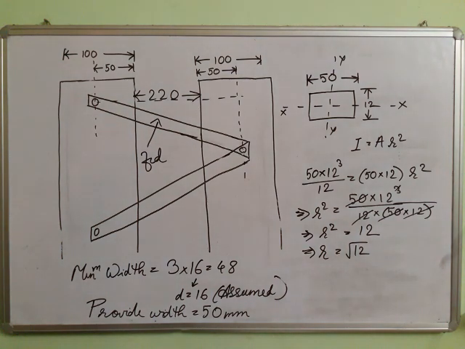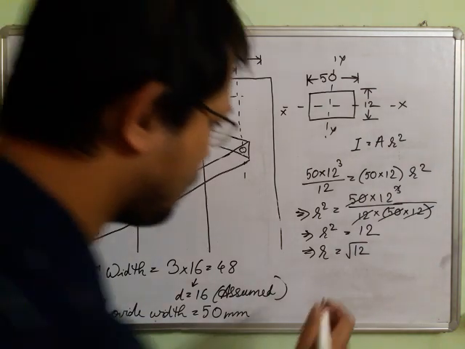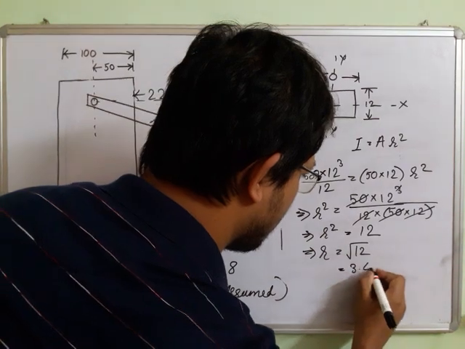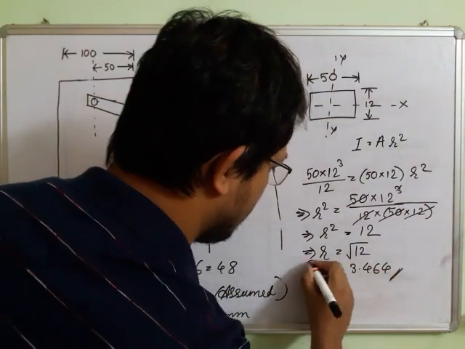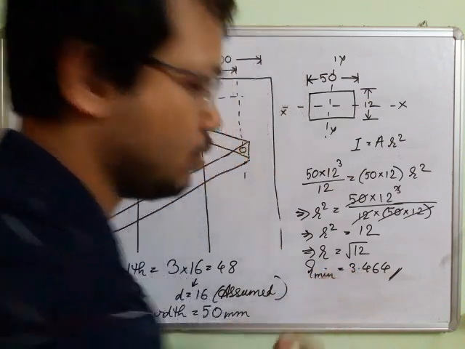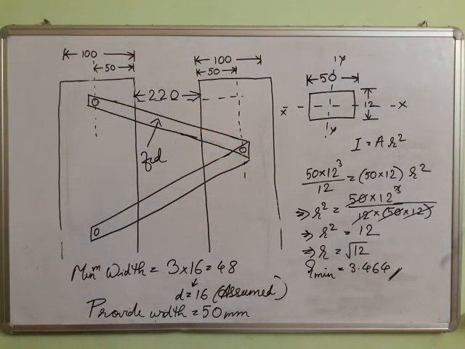So r equal to root over 12. That is the radius of gyration that we get. Or we can write it as 3.464. So r minimum we have got.